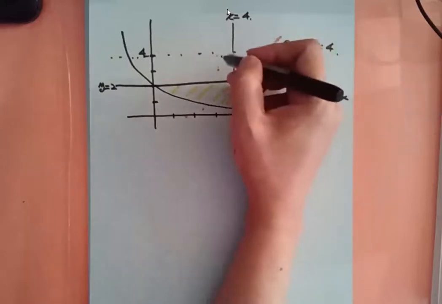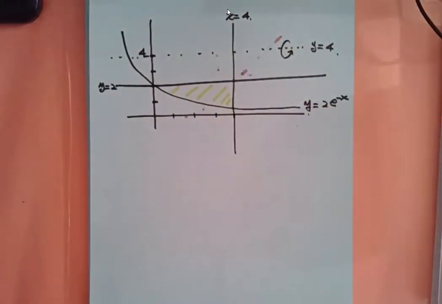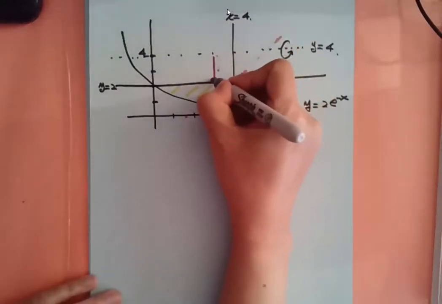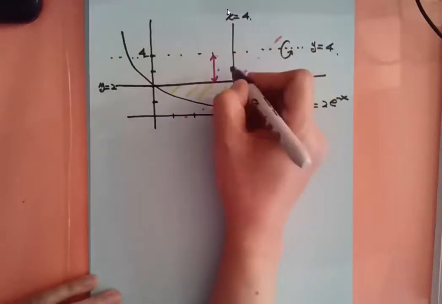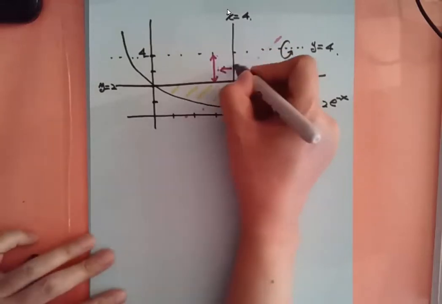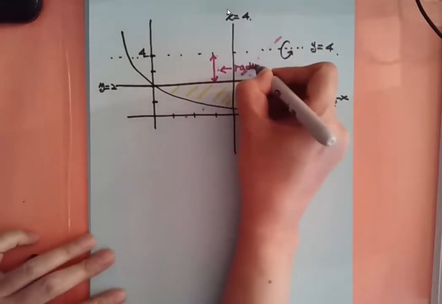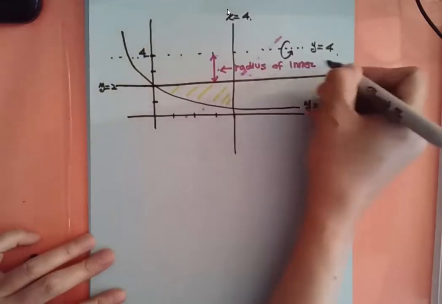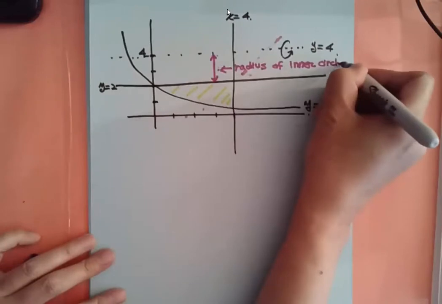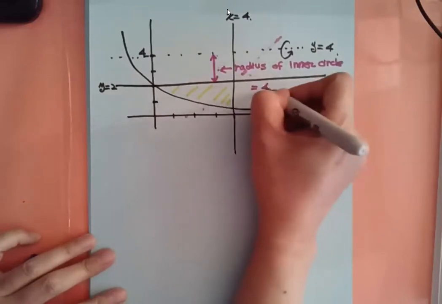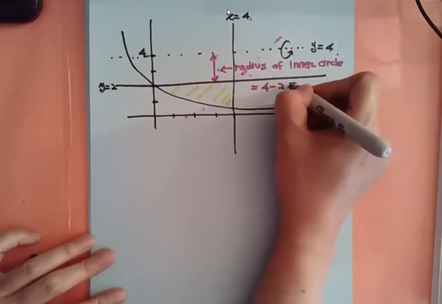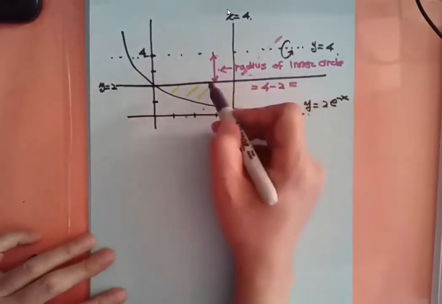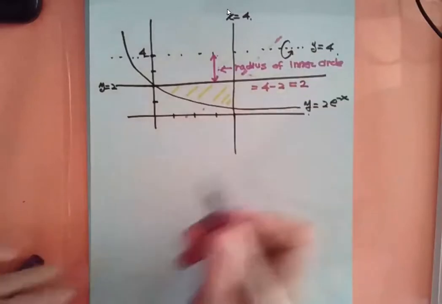So the radius for the inner circle equals 4 minus 2. This is y equals 4. This is y equals 2. The distance is 2. So that is 2.